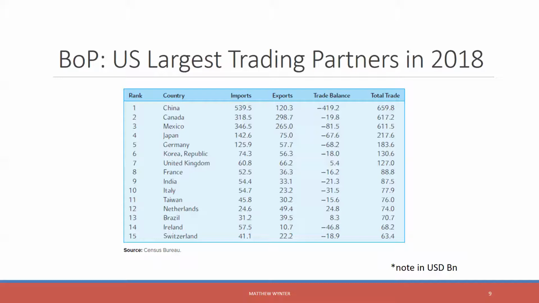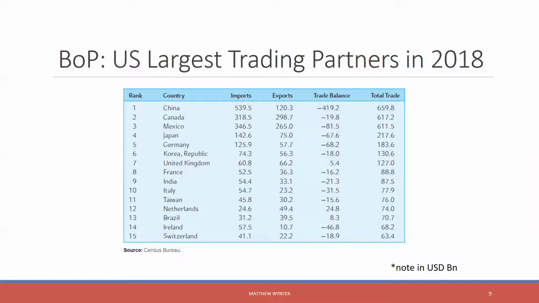Canada and Mexico. And hopefully that makes some intuitive sense. Those are our neighbors to the north and our neighbors to the south, very low cost to send our goods. You also observe China and Japan and the UK. So hopefully you can get just the flavor from looking at that there's a difference between some of the countries that we import things from and the countries that we export to.